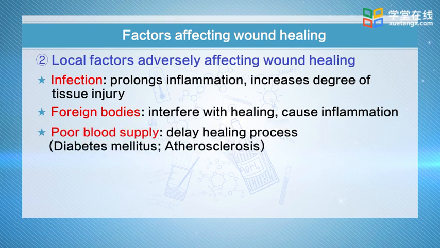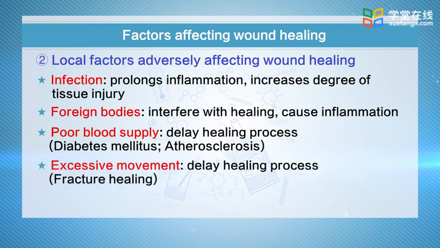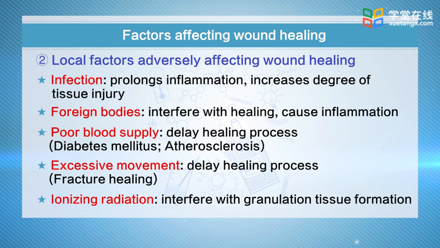As mentioned, poor blood supply also impairs healing. Excessive movement will prevent granulation tissue from filling in the wound and can re-injure tissues undergoing repair. This is particularly important in fracture healing. Exposure to ionizing radiation hampers tissue repair, as it can interfere with granulation tissue formation and local blood supply to the wound.